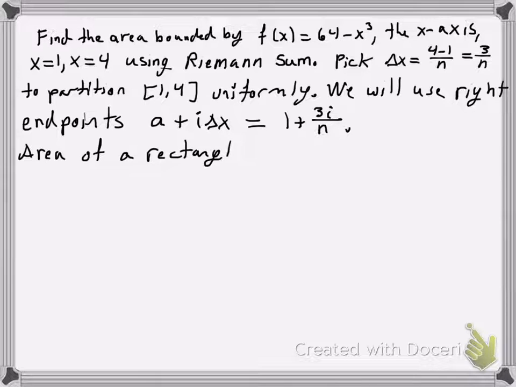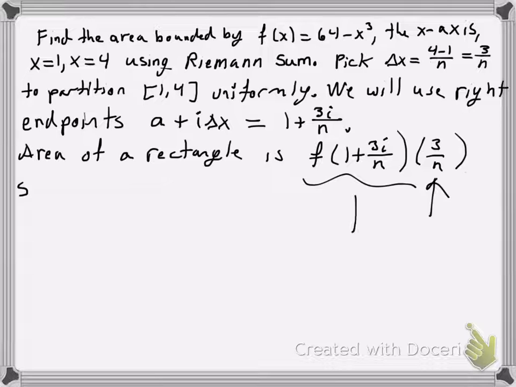The area of a rectangle is going to be: we plug in 1 plus 3i over n, which gives us the right endpoints, and then 3 over n gives us the width. So here we have the width, and this is the height of each rectangle. When we do a Riemann sum, it's going to be a limit.